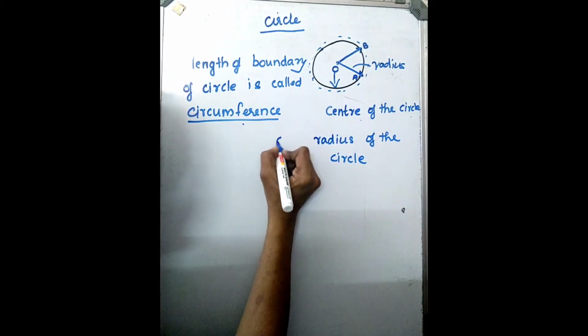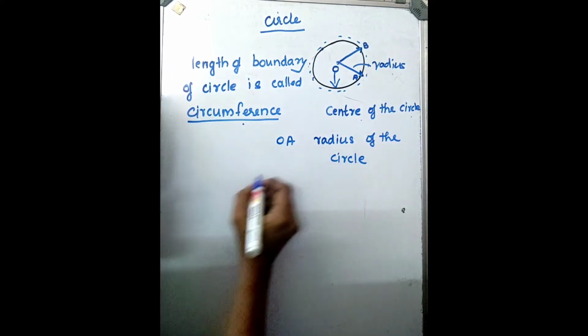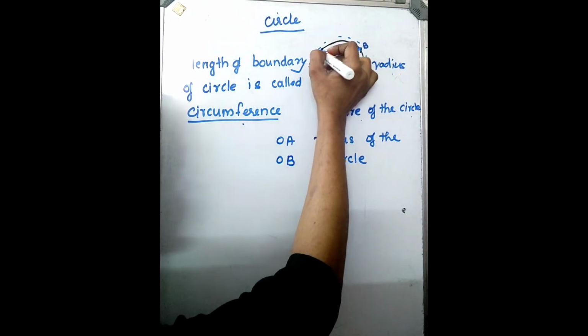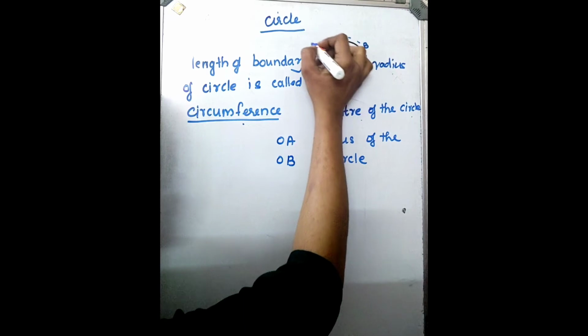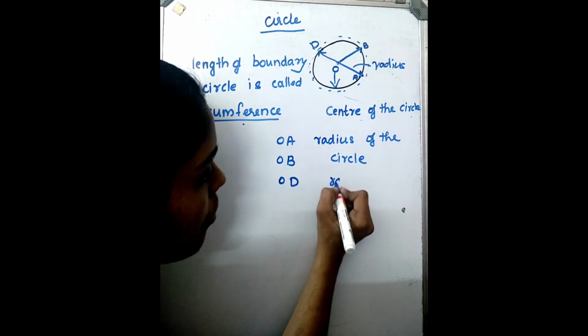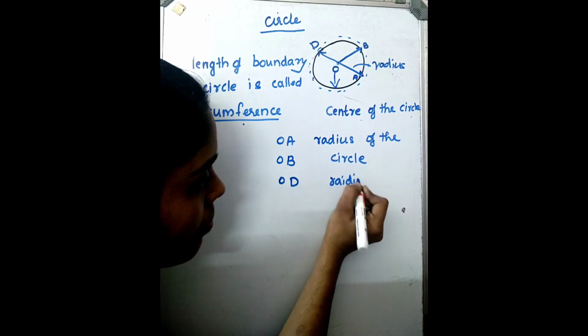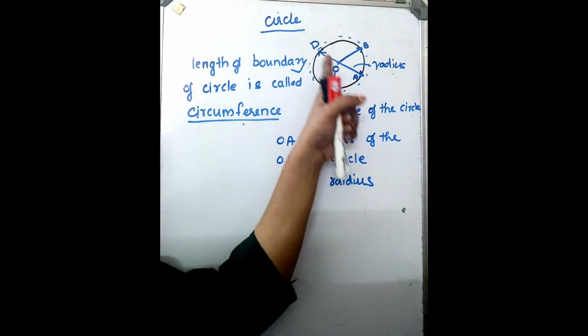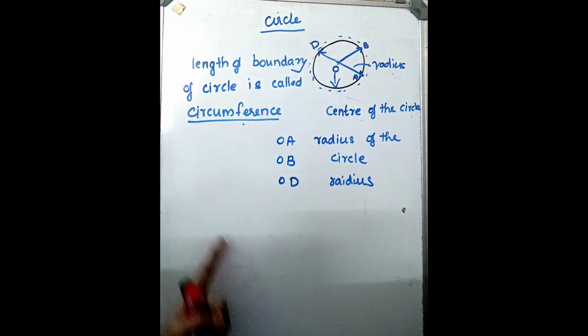We studied that the length of the boundary is the circumference, and this is the center. OA is the radius, OB is the radius, and if I draw another ray OD, that will be a radius too.